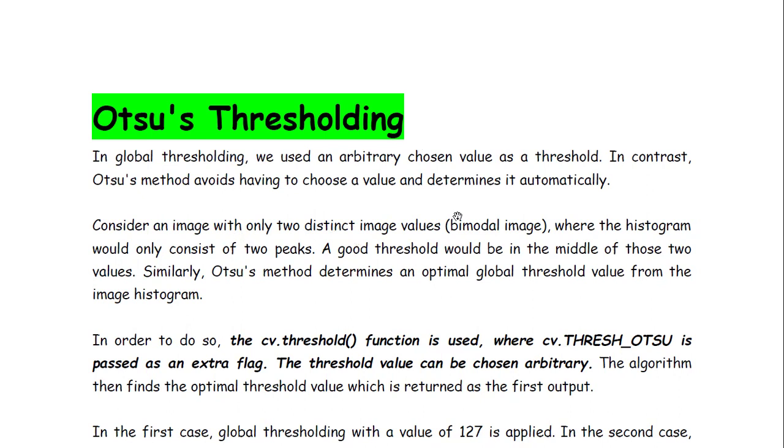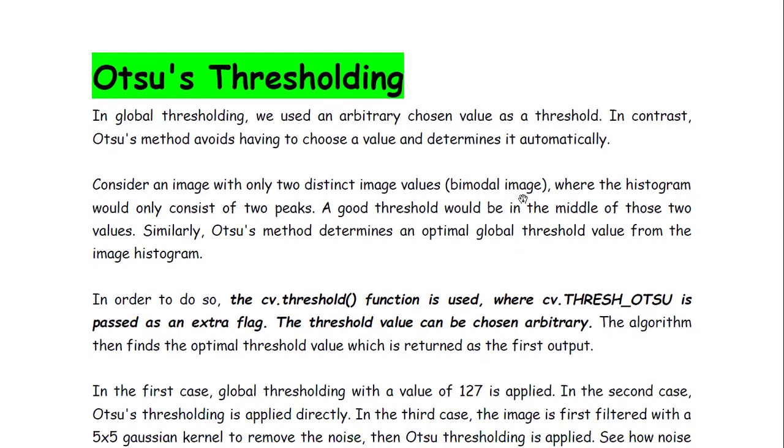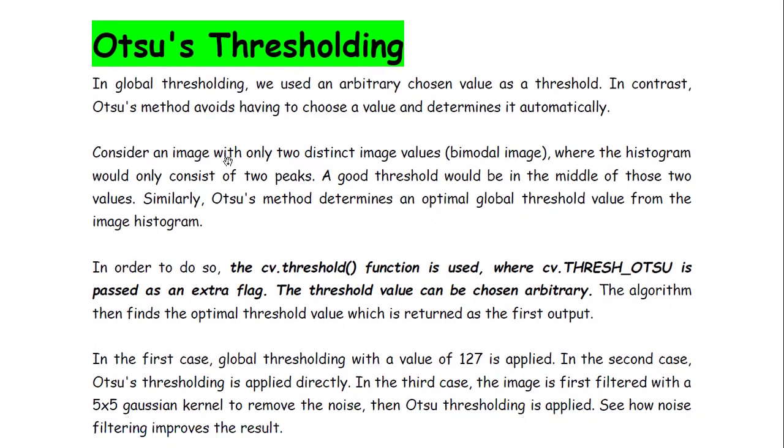First, I am going to discuss the concept, and after that, I'll practically implement this Otsu thresholding technique in OpenCV using Python. So you all are with me, Dr. Divyajyoti Bora. Well, in global thresholding, we use an arbitrarily chosen value as a threshold.